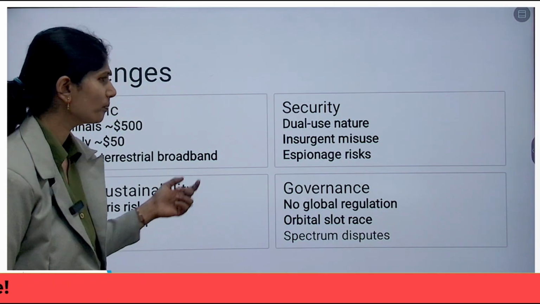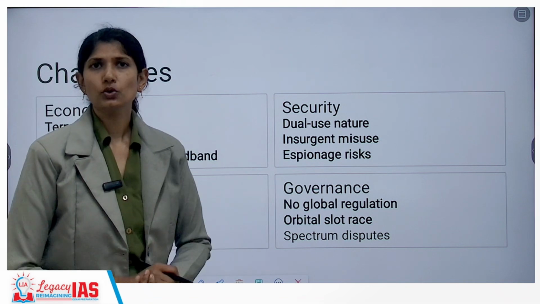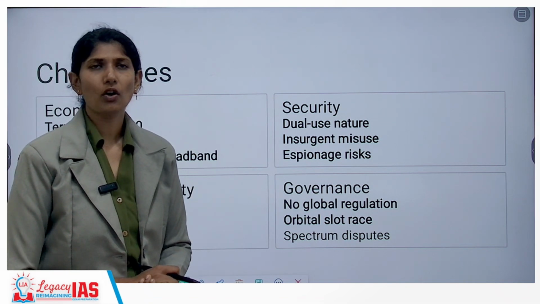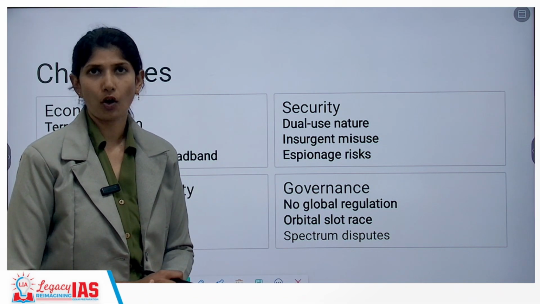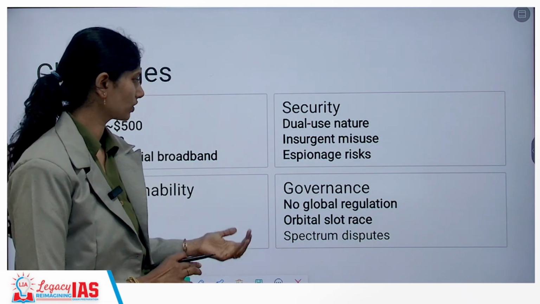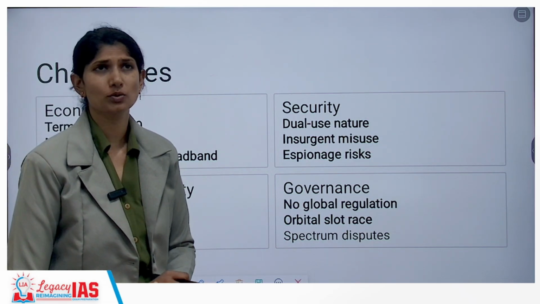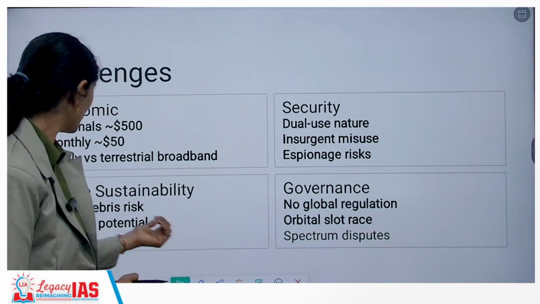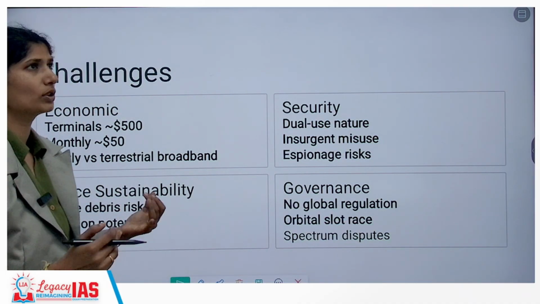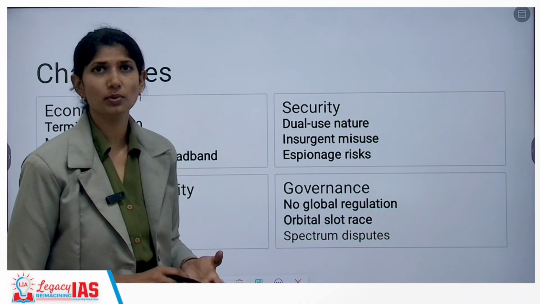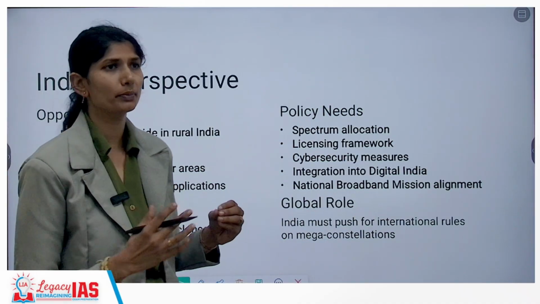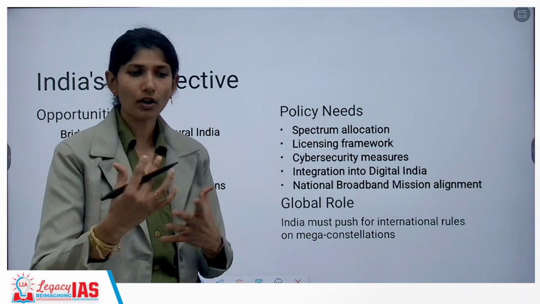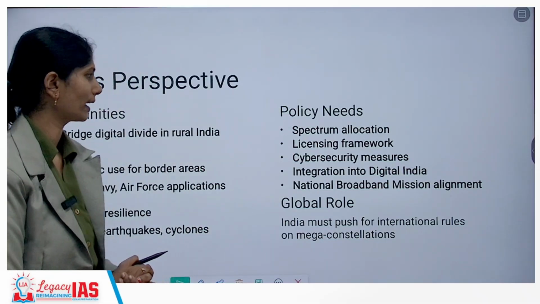And also one of the main issues is that there is no such thing as a regulated space law. There would also be issues with respect to the orbital slot race where each member country would keep on fighting. This would lead to a huge amount of collision potential and space debris, because as of now there is no one proper international law to bring all these into one ambit.